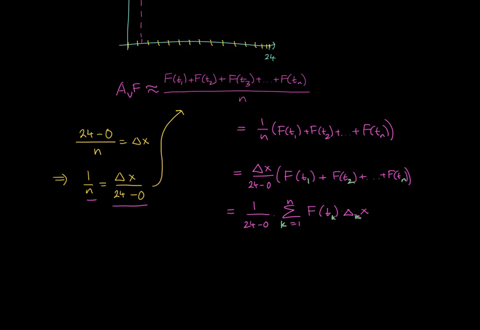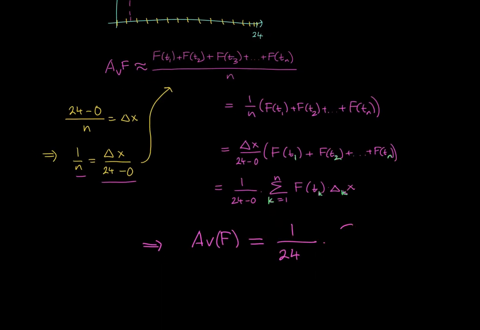That implies that the exact average, and this is a definition that we have here, the average value of f is actually, by definition, in this case, 1 over 24 minus 0, if you so choose, times the integral from 0 to 24 of f of t dt.